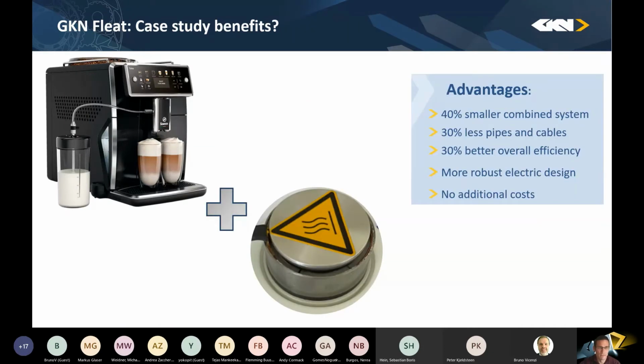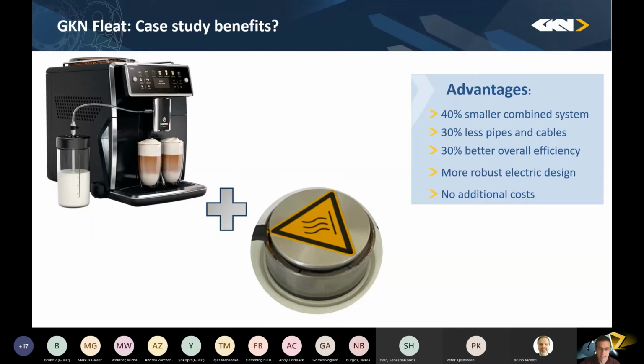Bringing it back to the case study of the coffee machine, replacing the current systems and introducing our technology gave the customer a 40% smaller combined system. He was also able to reduce the number of pipes and cables in his system by 30%, and he has a 30% better overall efficiency. So the combined heating and pumping function is 30% more efficient than the previous system.